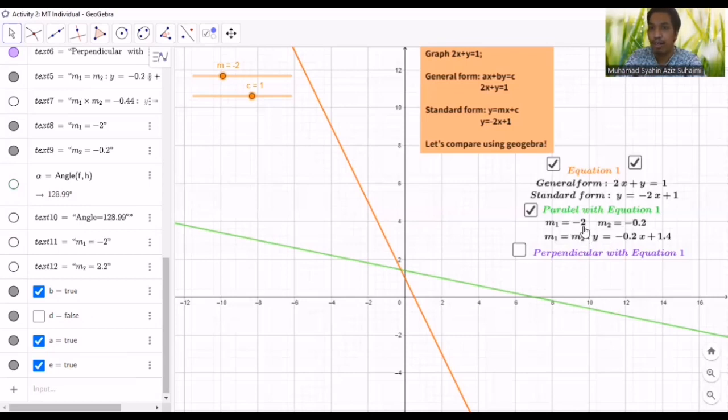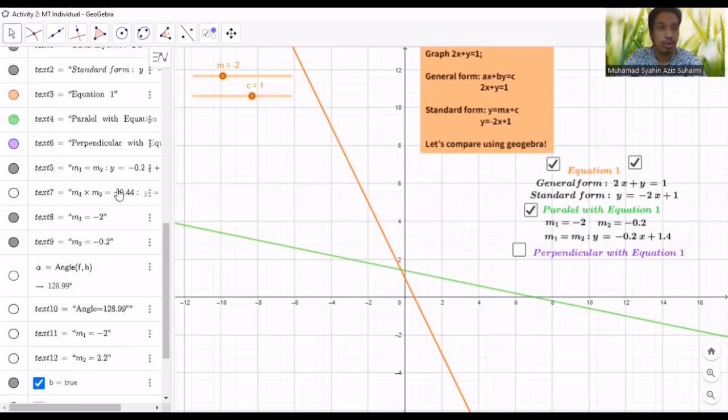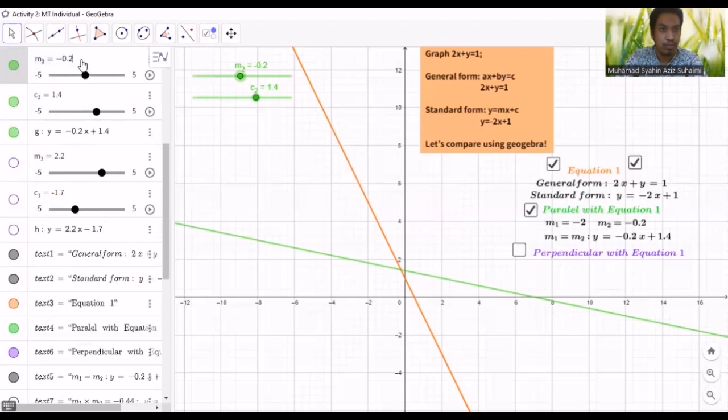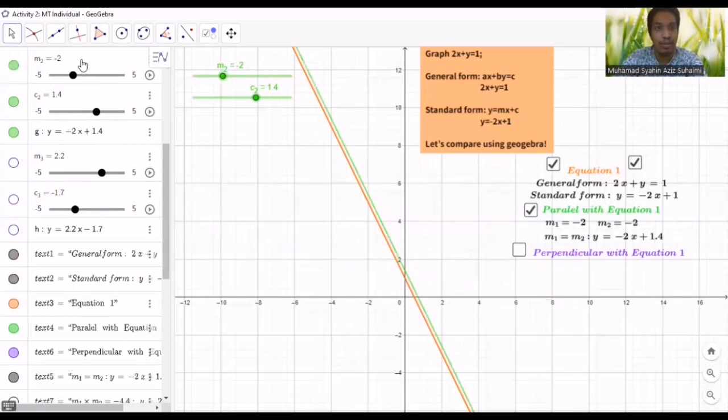So m1 now is -2 for equation 1, and m2 is -0.2. So that's why it's not parallel. So to fix that, we must change m2 to -2 also. Then we get parallel lines.